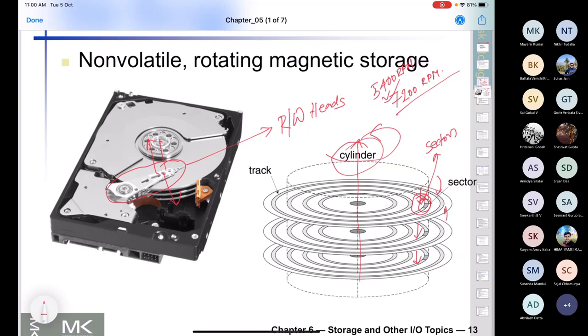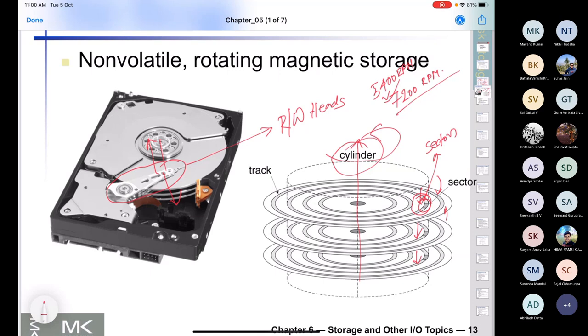Values can be read simultaneously from the same track, and then they need to be arranged and combined. That combination should be done by the controllers present inside the hard disk drive. Also, once the read-write head reaches a particular position towards the center or away from the center, the disk must rotate to bring the starting point of reading or writing under the read-write head.